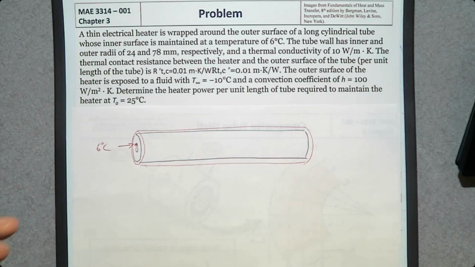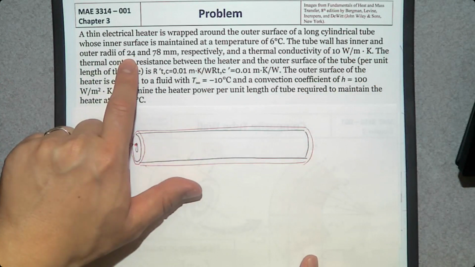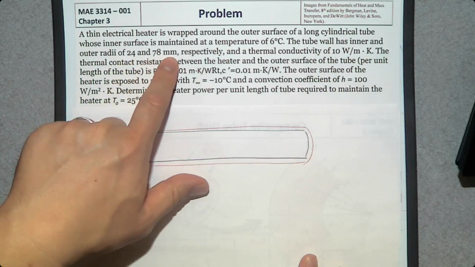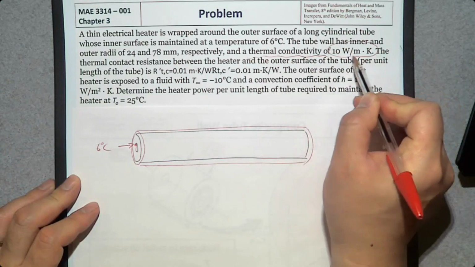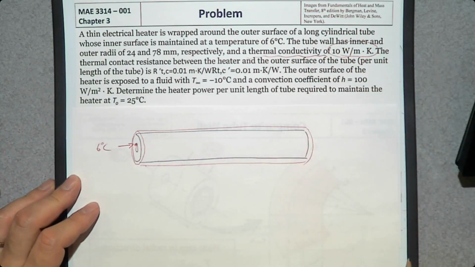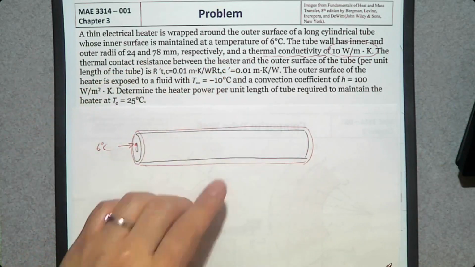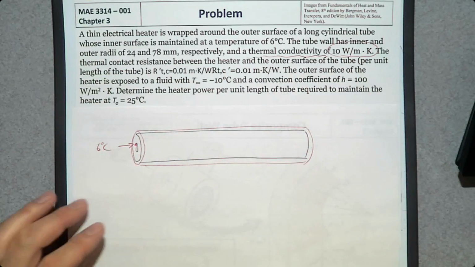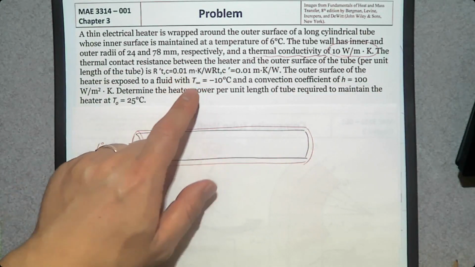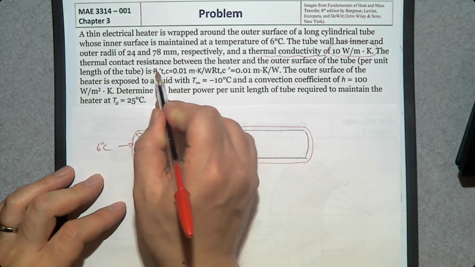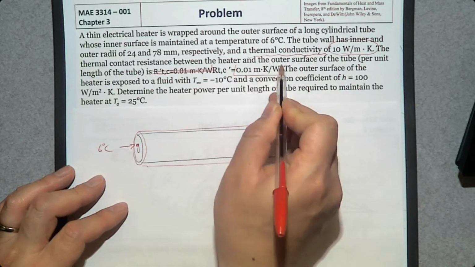And we have the information about the inner radius and outer radius, 24 millimeters and 78 millimeters. We have the thermal conductivity of this tube. And there's a contact resistance between the heater and the outer surface of the tube. So we have a contact resistance that we need to consider. That value is available. Oh, that's a typo. I have two of them. Just this one, okay?